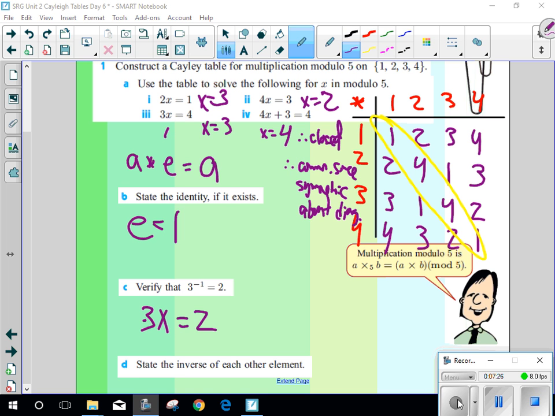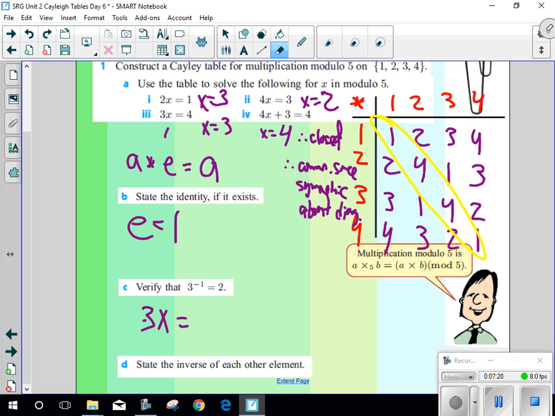Oh, just a quick mistake there. Remember, it's the inverse. So 3, you want to get the identity, right? To inverse. So let's talk this over one more time.